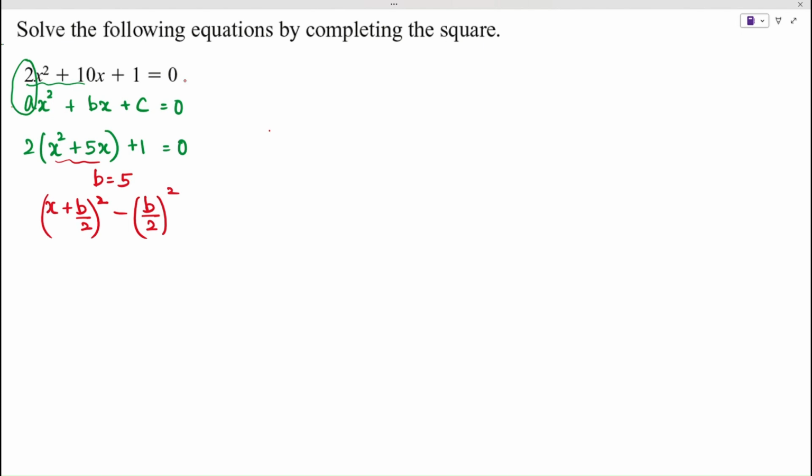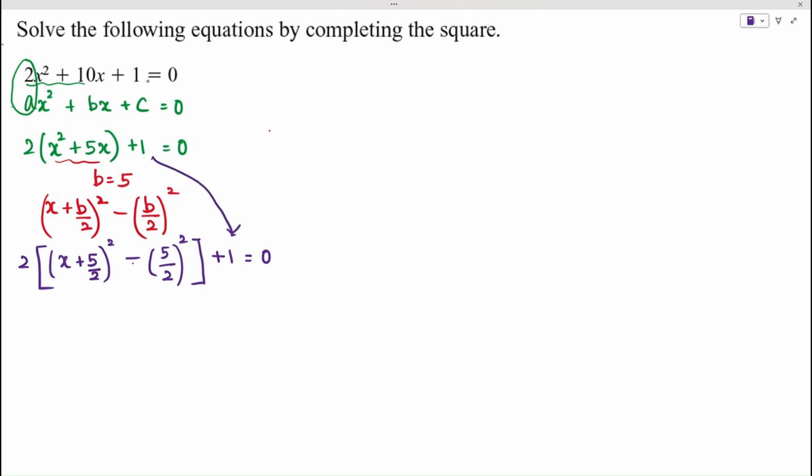We can substitute our value of b into the equation. So we get 2 times, in the square brackets, x plus 5 over 2, the whole squared, minus 5 over 2, the whole squared. Close our square brackets. We add plus 1 is equal to 0.